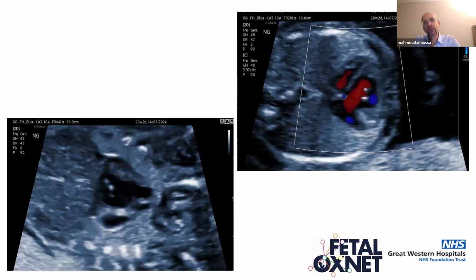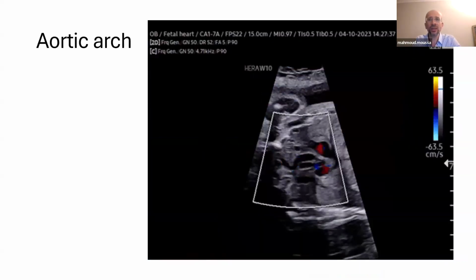And you move straight to different views, and you can appreciate in this 4-chamber view, the right side of the heart is dominant. You can see that the left side is smaller. And in the short axis view as well, it's very obvious how small the left side is compared to the right side. And immediately you think about checking the arch.